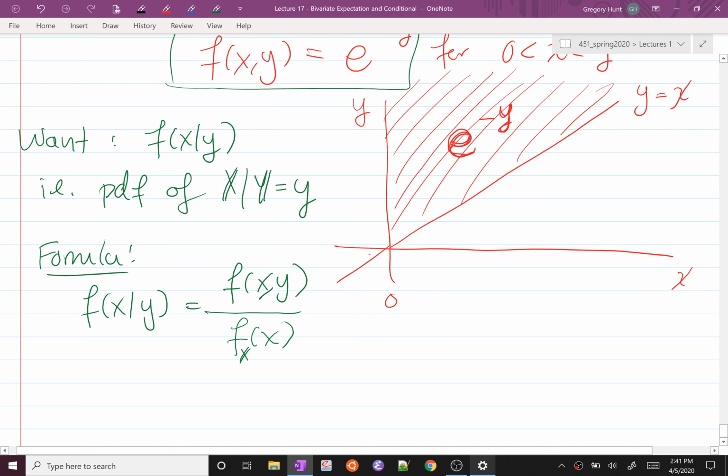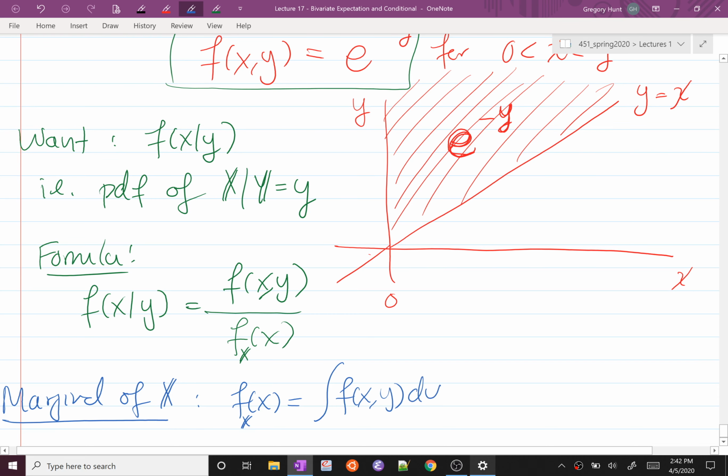So the marginal of x is f of x. Be lazy and maybe not my subscript. What do I do? I take f x y and I integrate out y. And so what is this integral?